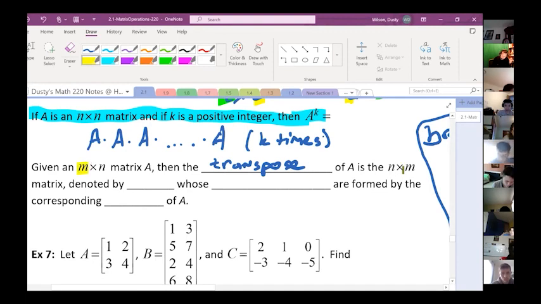This one's m by n. So notice that the order is reversing. The order is changing. And it's denoted by the notation A, and then you have what looks like a power of T, but that means transpose, whose columns are formed by the corresponding rows of A.